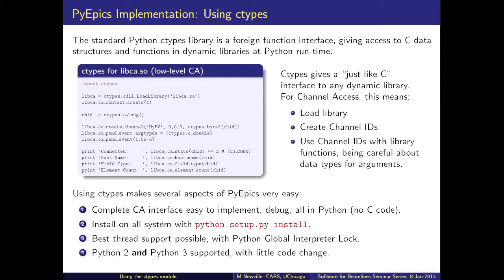And that means that all the installation is done with a very simple installation, and the threading, which is a problem for almost all scripting languages, is handled as well as it can be handled in Python. And both Python 2 and 3 are supported with almost no code changes.